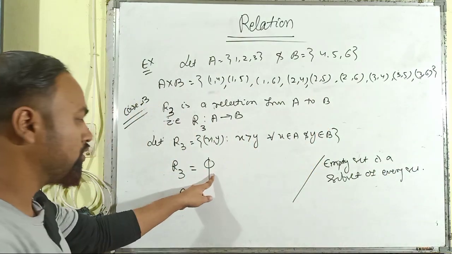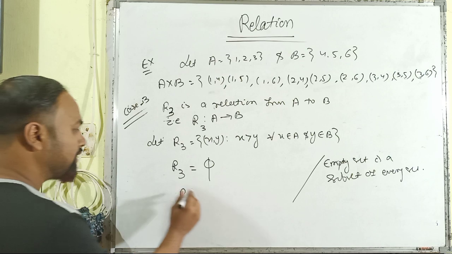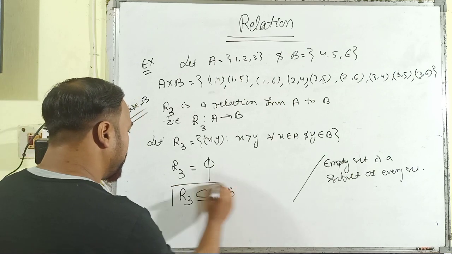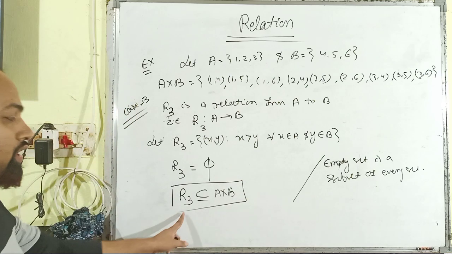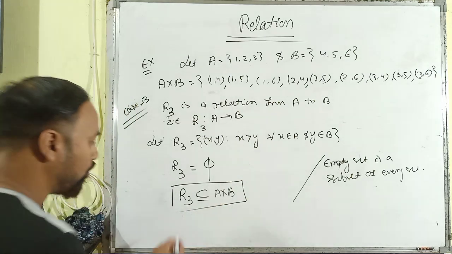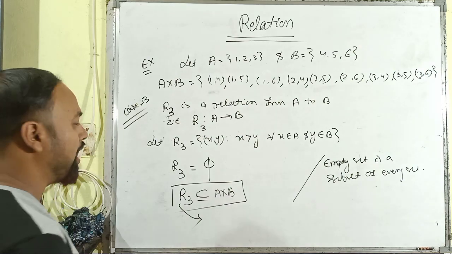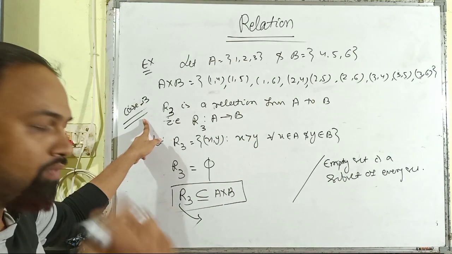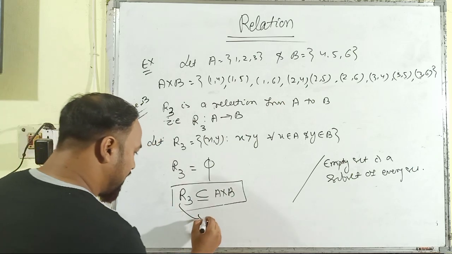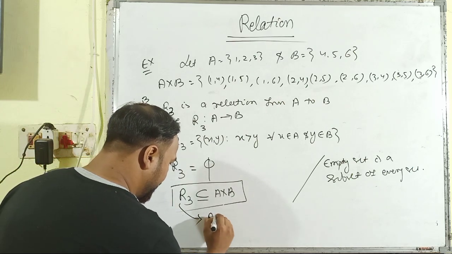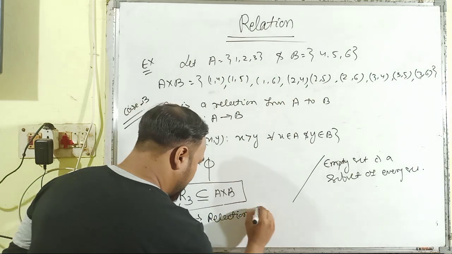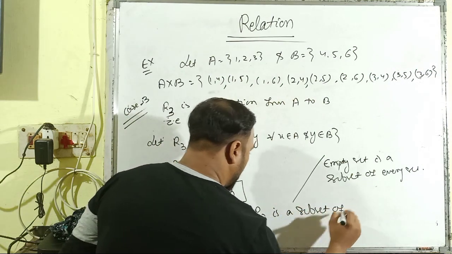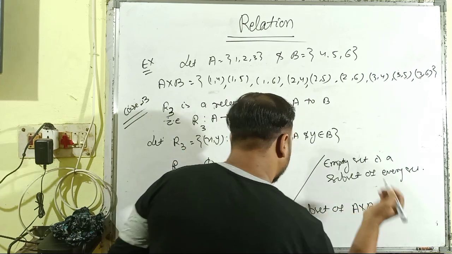As R3 is equal to phi here, R3 is a subset of A cross B. So what did we get from case number 3? Again, in case number 3, we found that the relation R3 is a subset of A cross B.